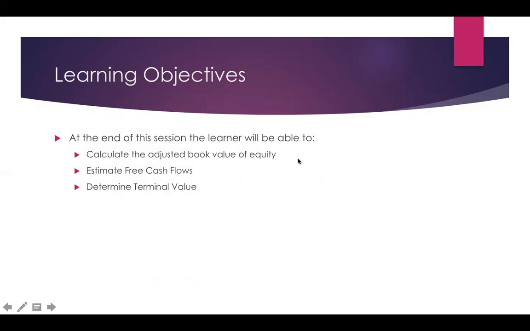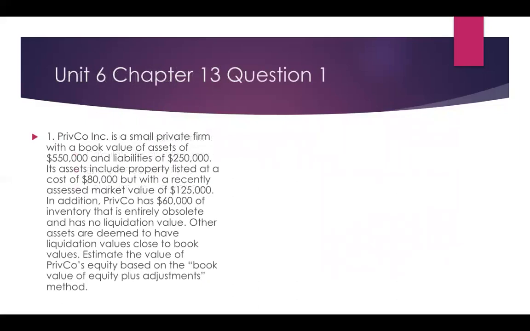All right, so we're going to go over a couple problems from the book, and these will look very familiar if you've already done the homework. So you have Privco. It's a small private firm with a book value of assets and liabilities. Its assets include property, but with a recently assessed market value of $125,000.